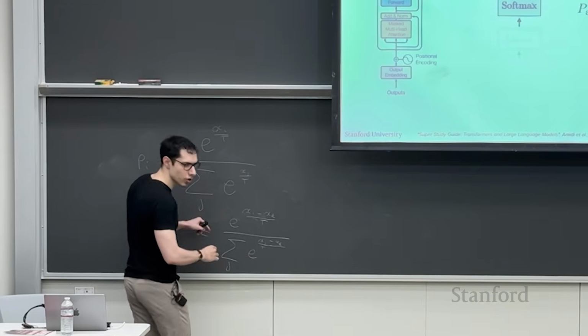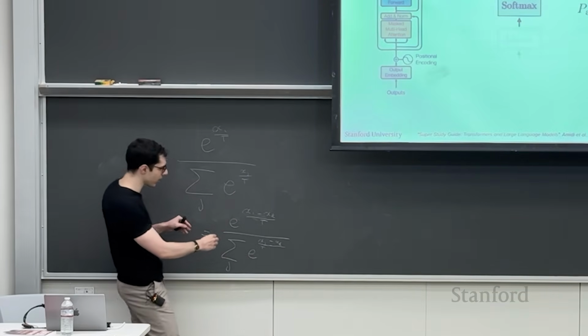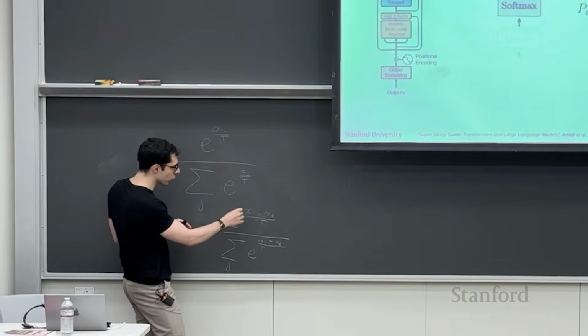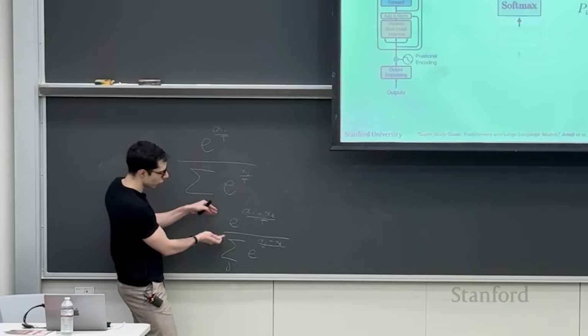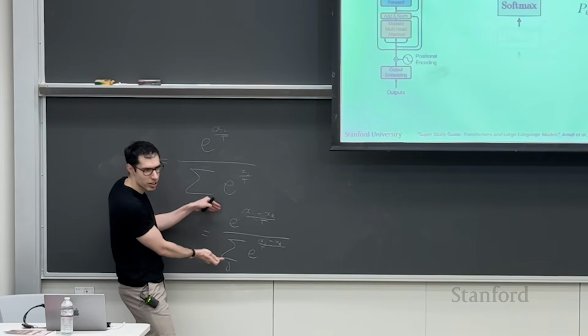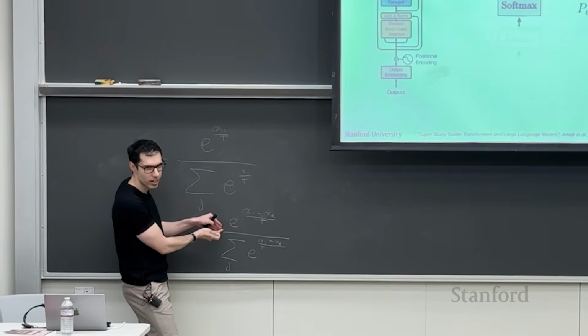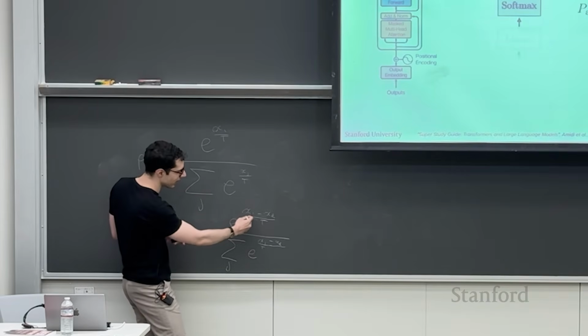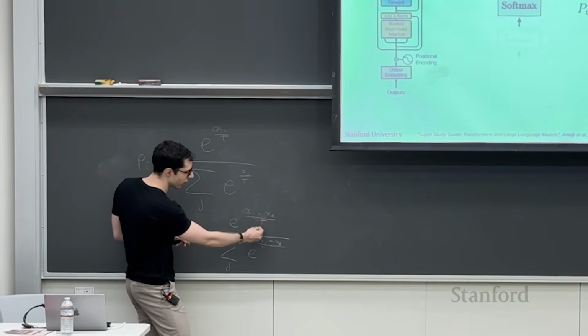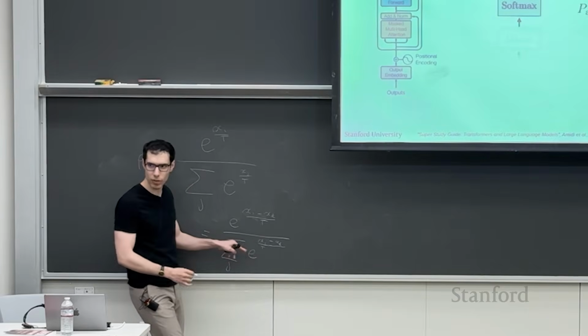What I did is I just multiplied the numerator and the denominator by exponential of xk over t, and of course they cancel out. But then what I have here is xi minus xk over t, and here xj minus xk over t.